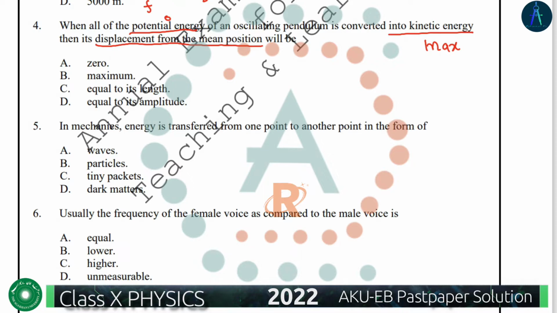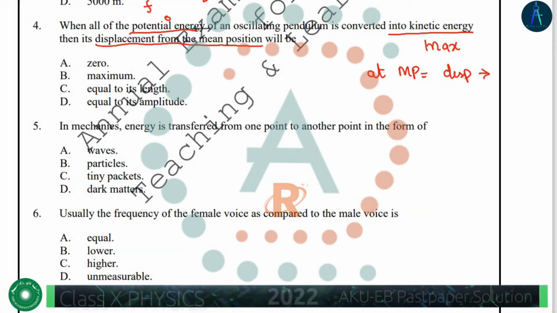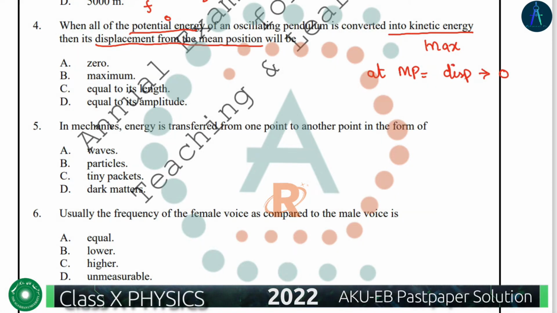This means this vibrating or oscillating body is at mean position, where the kinetic energy is maximum and potential energy is 0. So at mean position, the displacement of the vibrating body is 0. So the correct answer of this question will become option A.